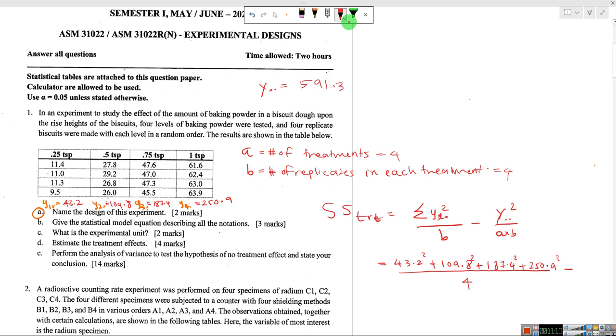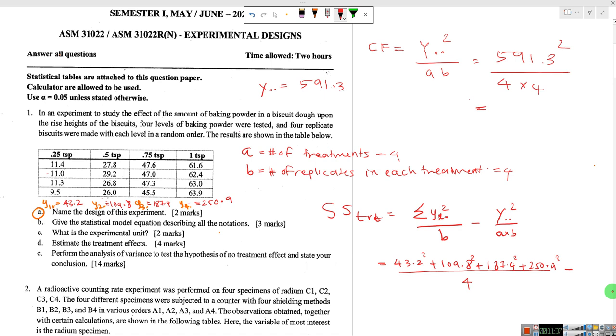Then you can separately calculate the correction factor, since this is CRD, we can easily find this out, right? Correction factor is equal to y double dot whole square divided by AB. Now this is 591.3 whole square divided by 4 into 4, right?